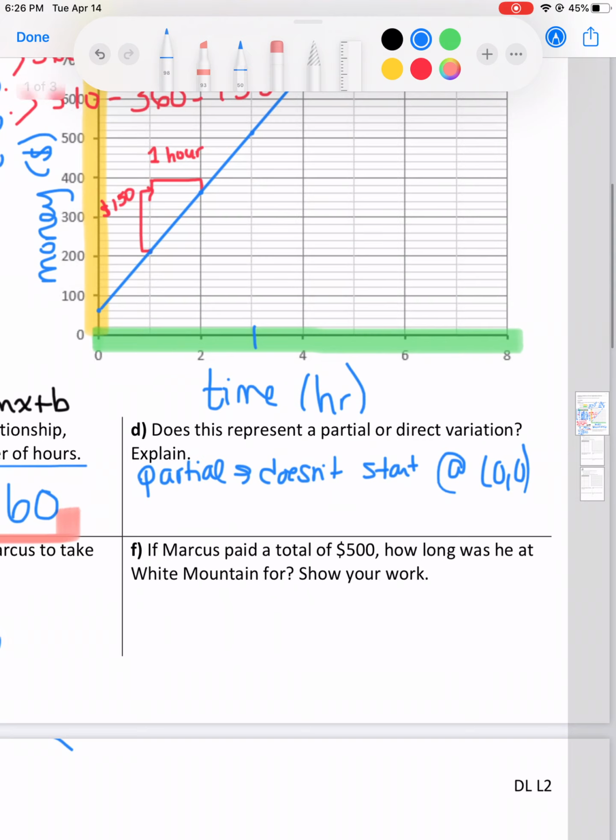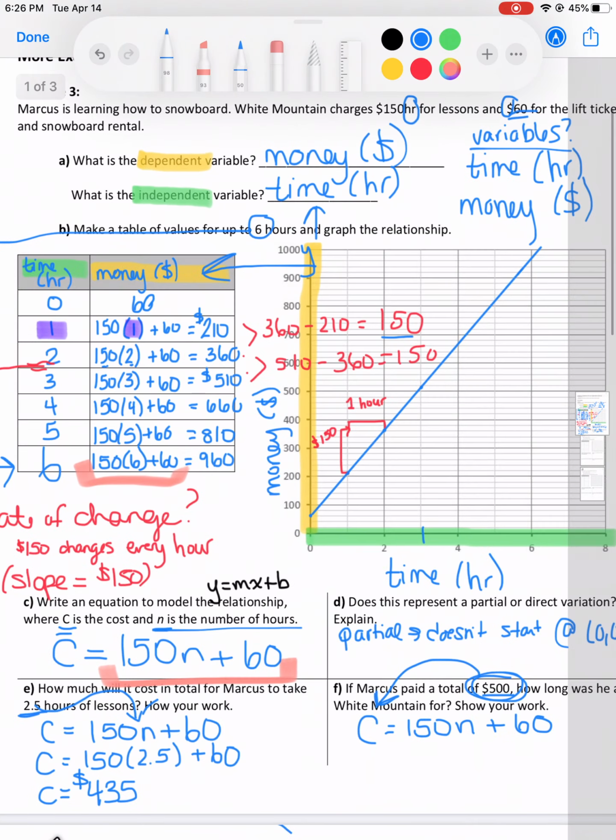If Marcus paid a total of $500, how long was he at White Mountain for? Show your work. C is equal to 150n plus 60. This is the total he spent. For you to check your answer, we know $500 is between these two values again, so we know it's between 2 and 3 hours, closer to 3 hours, because 500 is closer to 510 than it is to 360.